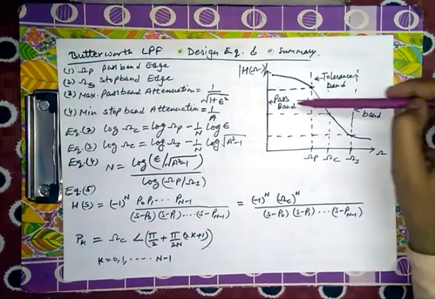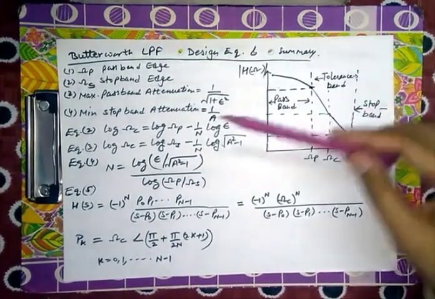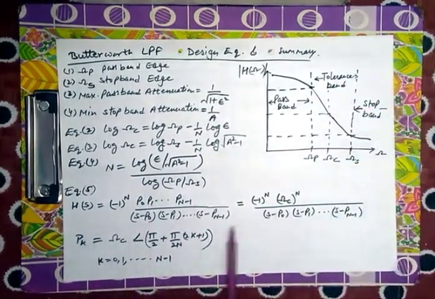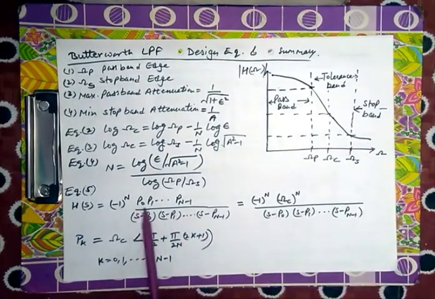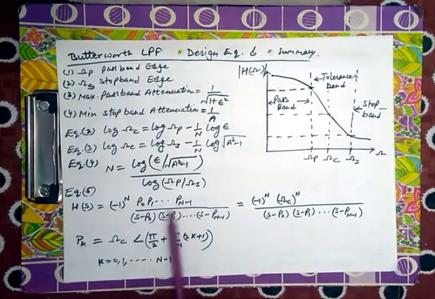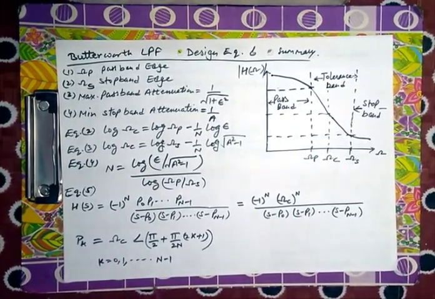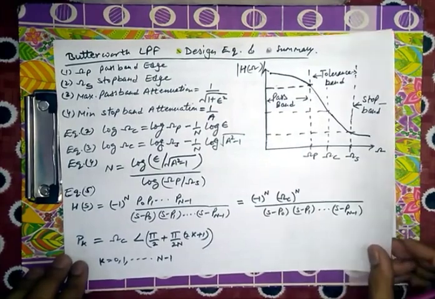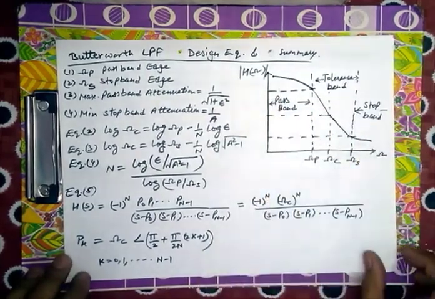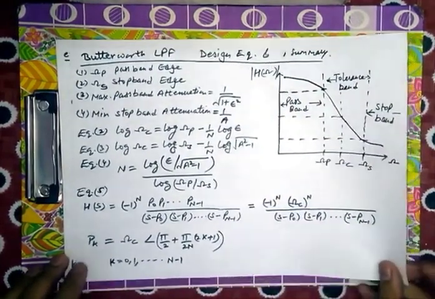This is the tolerance band, this is the pass band, this is the stop band, and H(s) becomes as per this formula. Further, because all the poles have magnitude omega c, you can directly write omega c raised to the power n, because the calculation will be the same, and n is the number of poles. So this is the summary of the Butterworth filter and the design equations which we have to remember for designing any Butterworth filter.